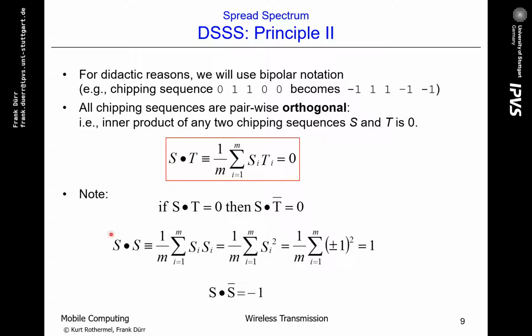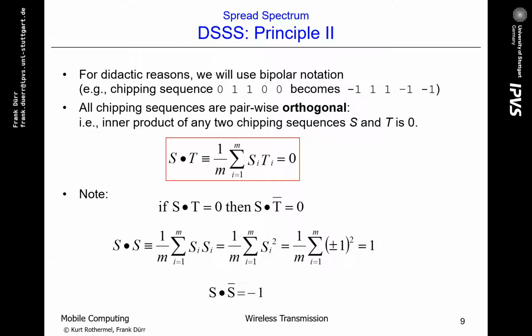Now, if that is true here, if we multiply s by s and we get 1, then this is also true here. If you take the inner product of s and the inverse of s, we get minus 1. Also quite easy to imagine, I think. Assume that the first chip of s is 1. Then the inverse of 1 would be minus 1. So if you take the product, we multiply 1 by minus 1. What do we get? Minus 1. Now if the first chip of s was minus 1, then we would multiply minus 1 by 1, because if we take the inverse of minus 1, it would be 1. Okay?